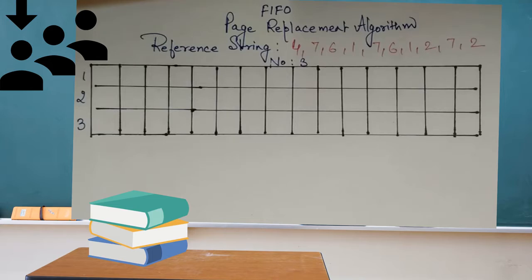For a FIFO, when there is a demand of the page by a CPU, the page is brought into the memory. If the frame is free, the page can be well accommodated. But if there is no frame free, we would be replacing the page that is the oldest in the memory. So we'll see how it is done.